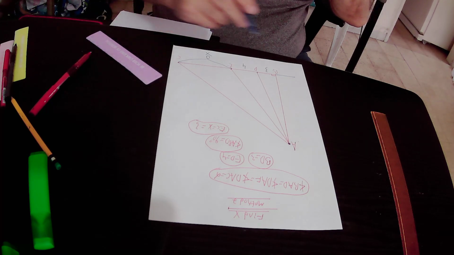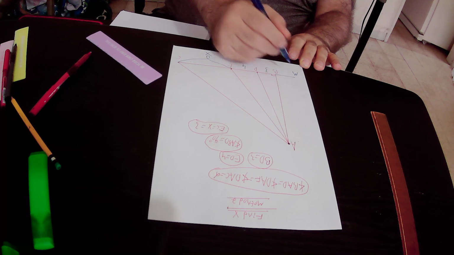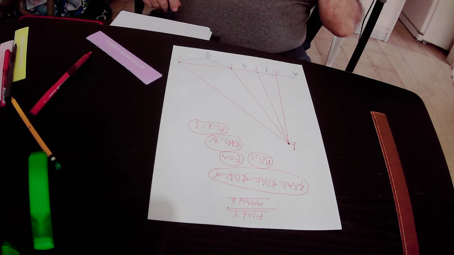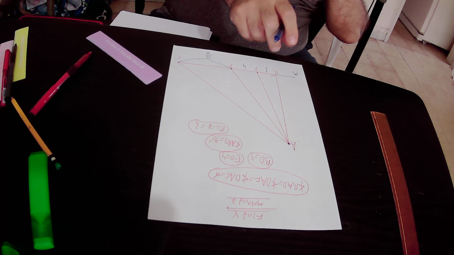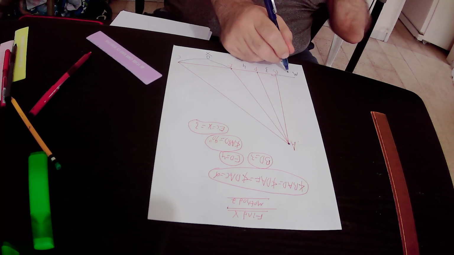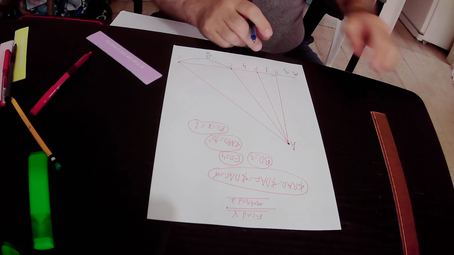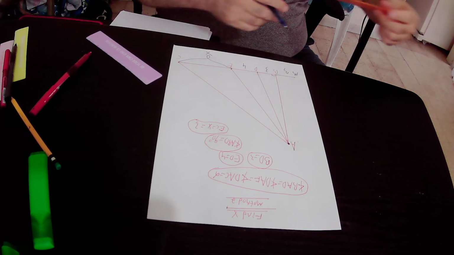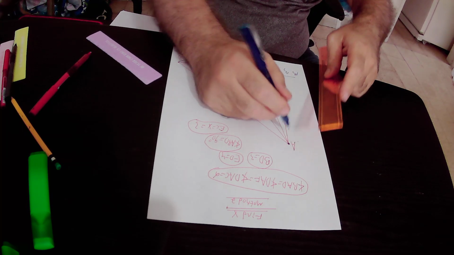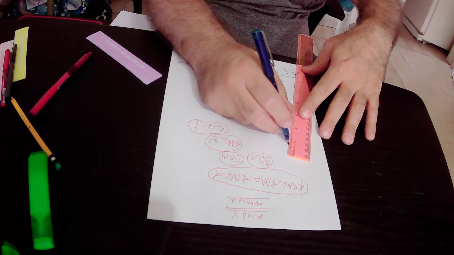Then we will define this point as point M. So we extended BD by 3 units, therefore MB will be equal to 3 units. Actually, MB will be equal to BD, that equals 3 units, because we extended BD by 3 units. Then we will join points A and M by a straight line.